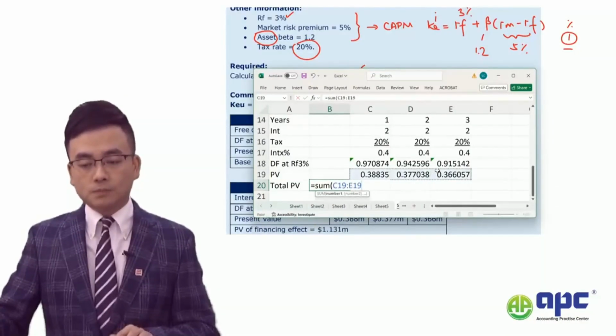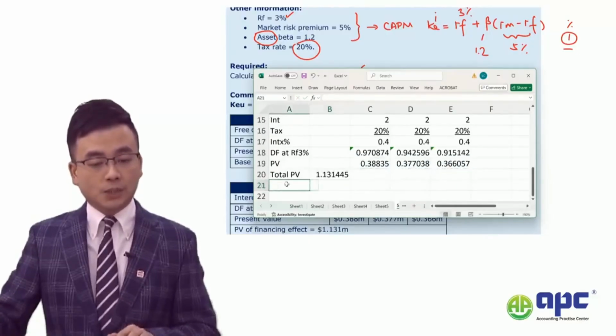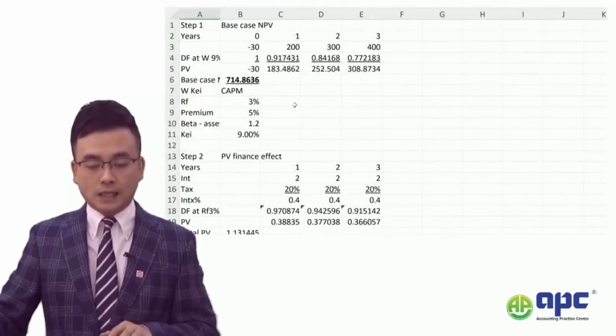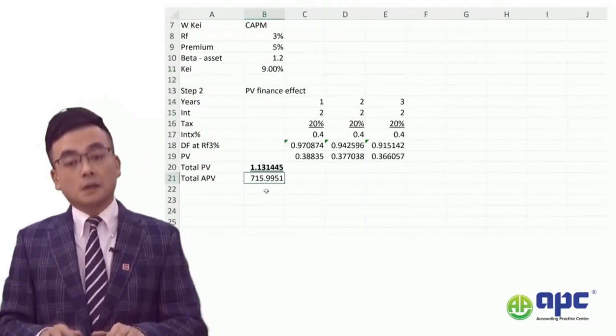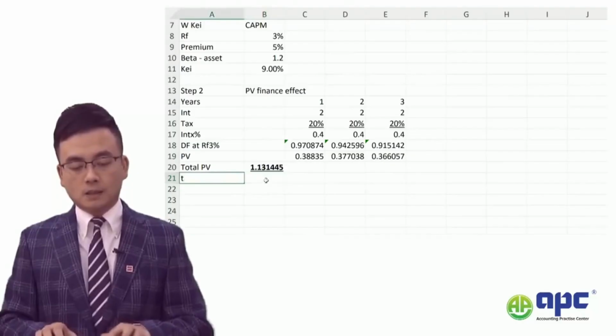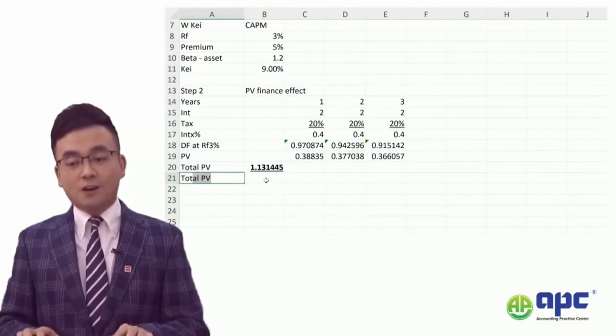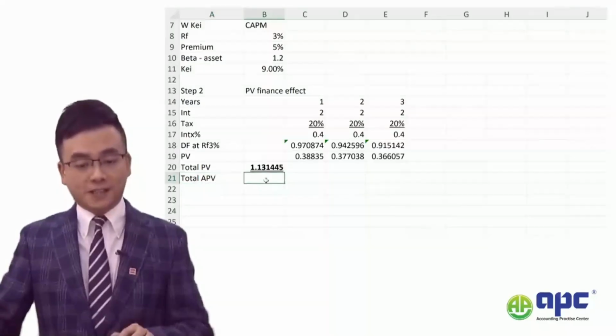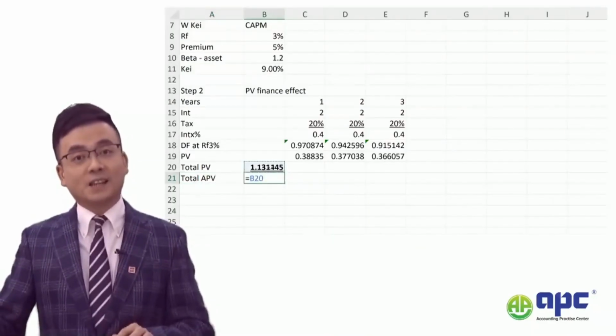And therefore, for the APV, we calculated the base case NPV to be 714, plus the finance effect. So the total APV of Half-Life PLC would simply be the present value of the finance effect plus the base case NPV.